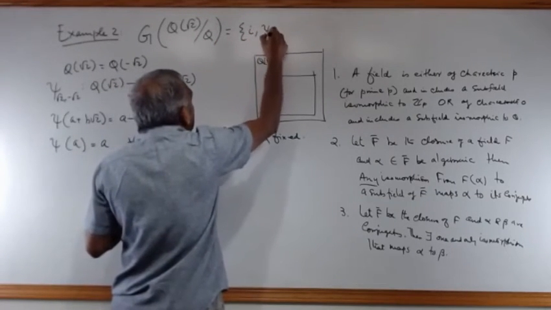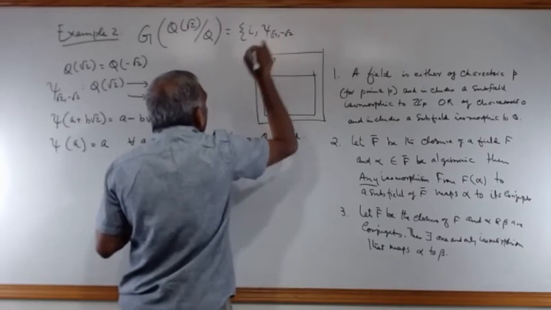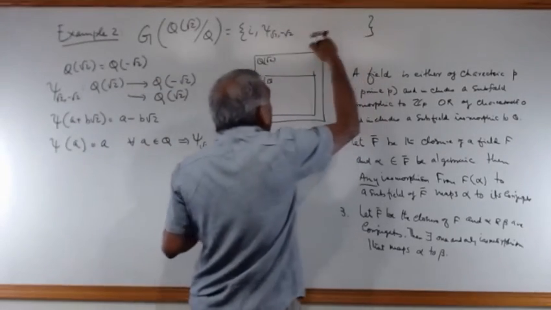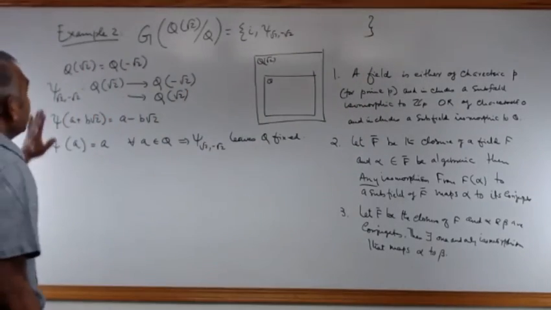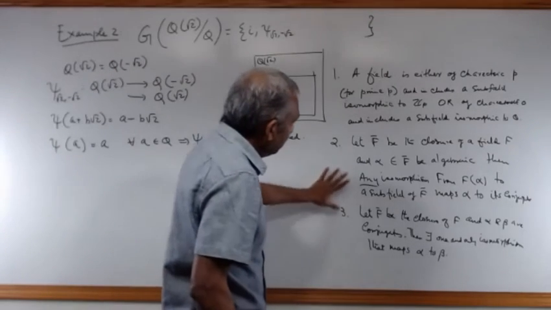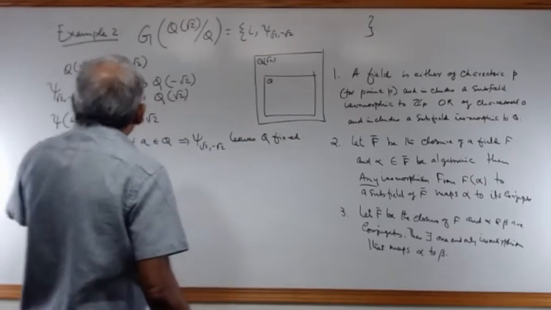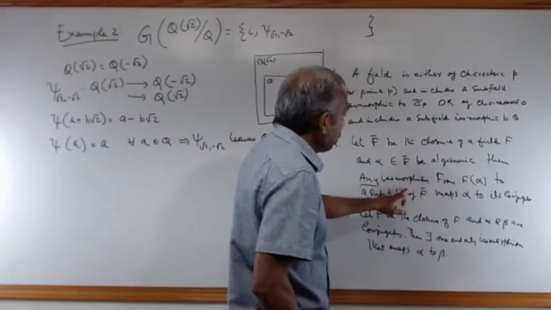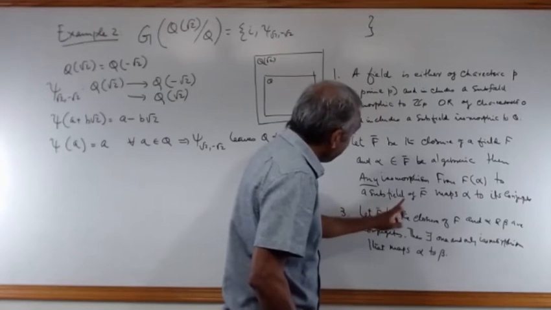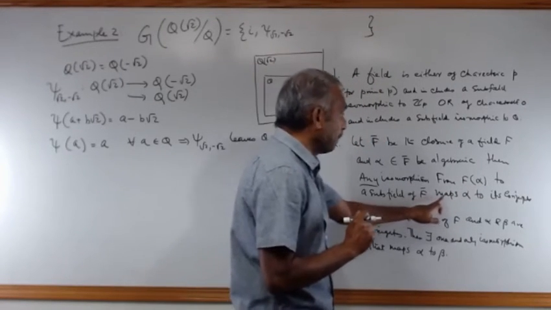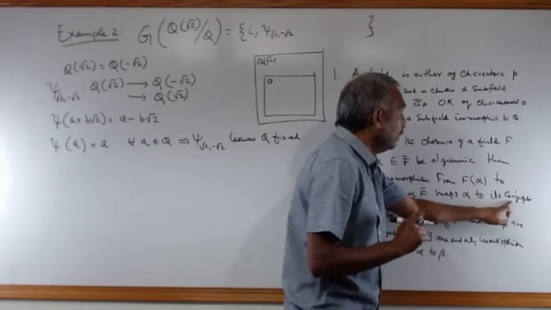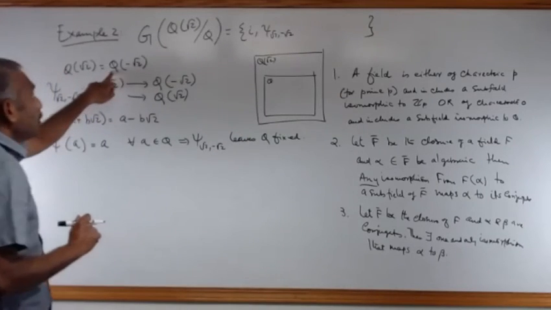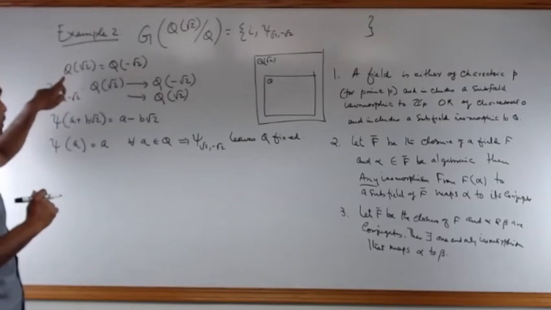So one element is I and the other element is psi of root 2 comma minus root 2. My question is, do we have any other element? That is where we are going to use these two. See, when we say isomorphism, any isomorphism from F alpha to a subfield of F closure maps alpha into its conjugate, means this subfield is actually Q of minus root 2, which is same as Q of root 2.